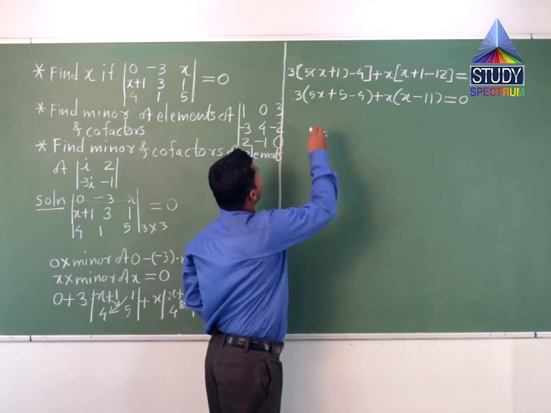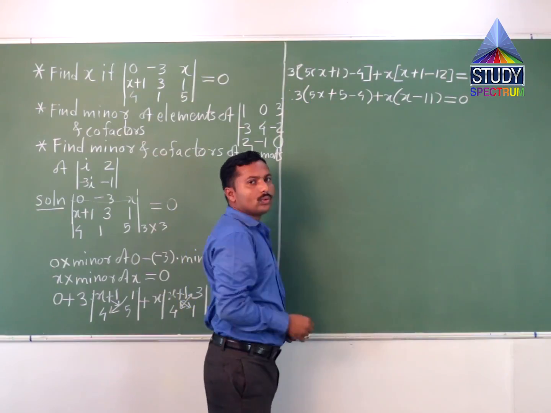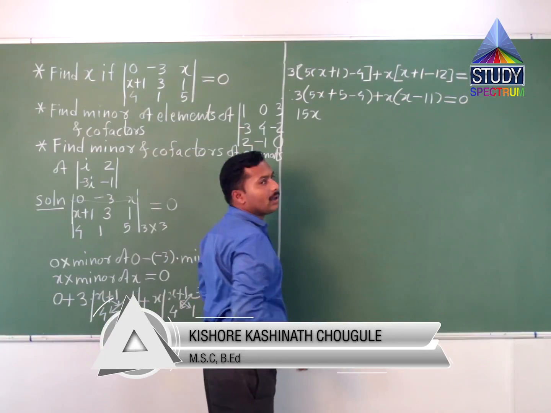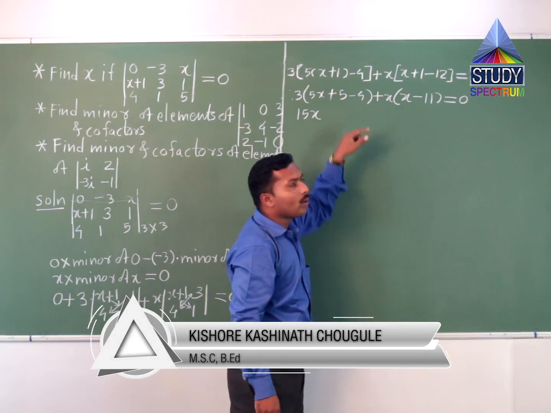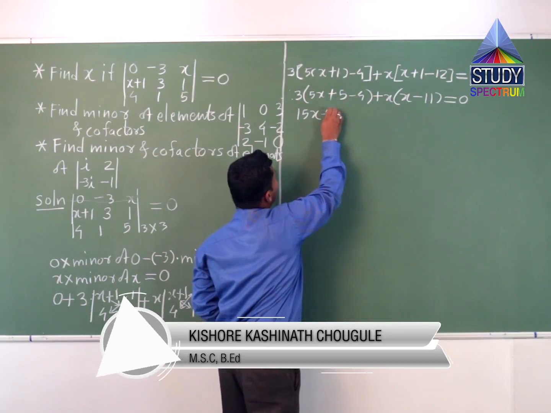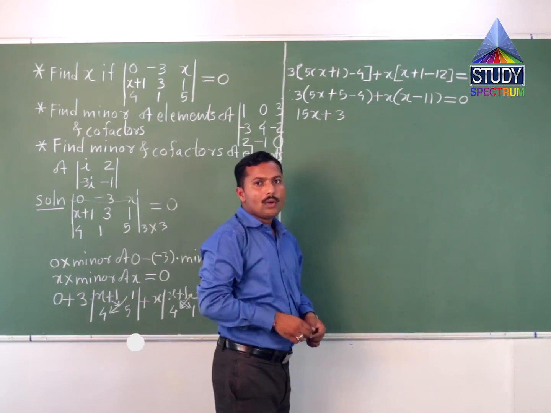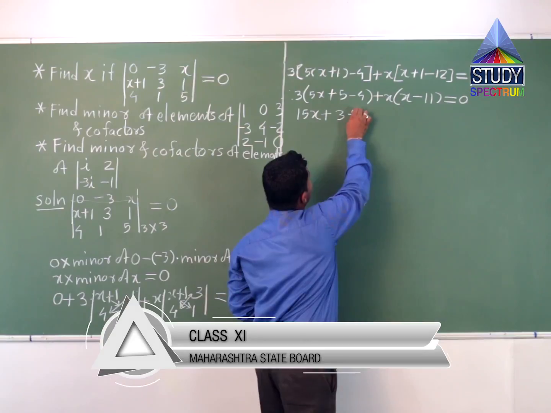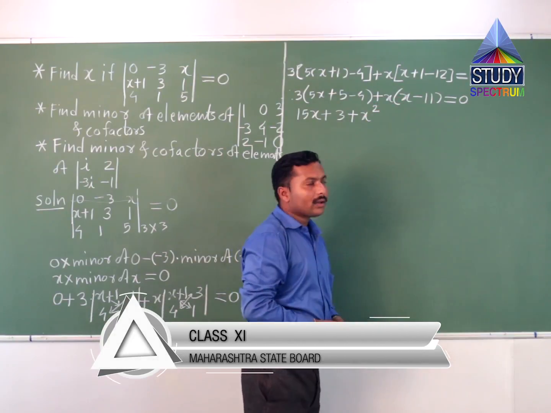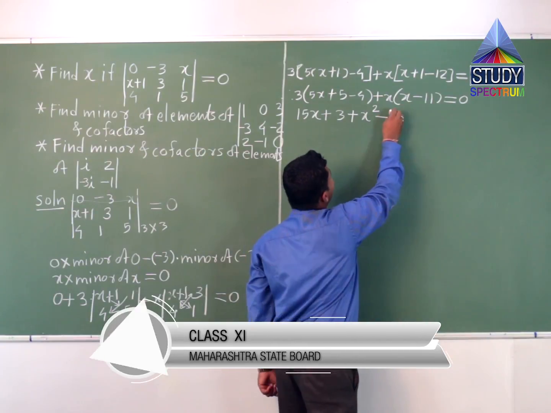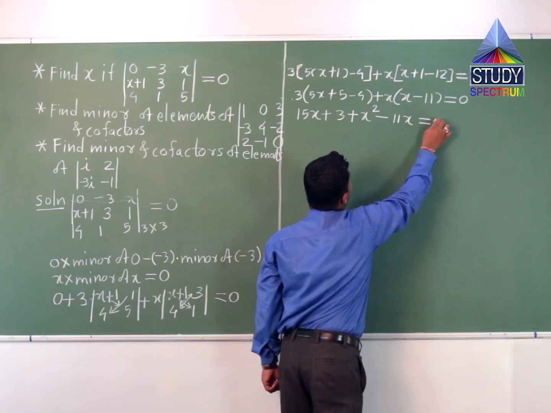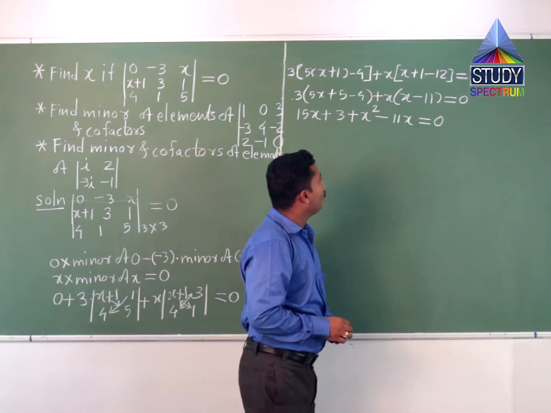Again we use this 3 into 5, 15, and this x, here is 5 minus 4, 1 into this, 3 into 1, 3, plus x into x, x square, minus x into 11x equal to 0.